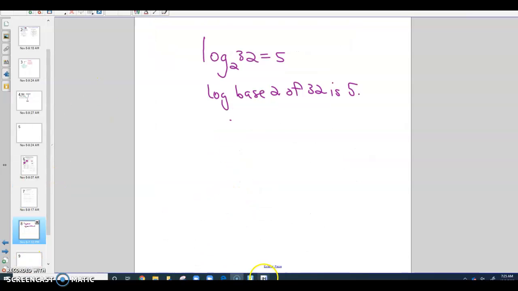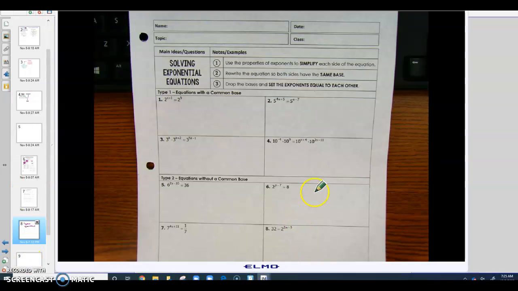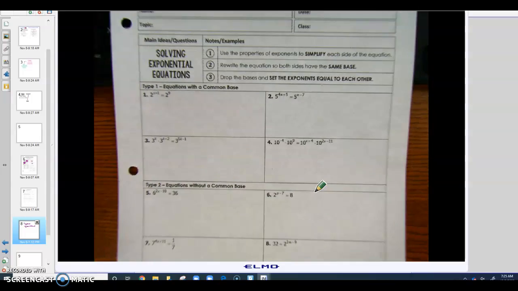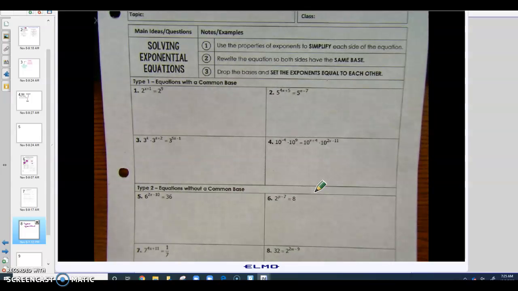Okay, that's it. So let's take a look at what we got here. I'm going to zoom in for you. Step 2, rewrite the equation so both sides have the same base. I'll explain that as I go, and you'll get the idea. Once you have done that, step 3, drop the bases. Okay?